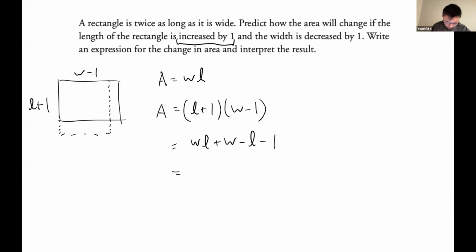And yeah, that's pretty much it. So they also ask us to interpret the result. So the area, you can't really say whether or not... can you just replace length by 2w?